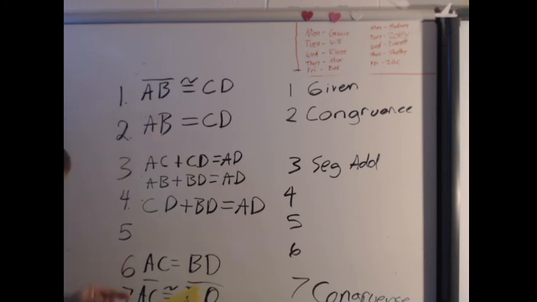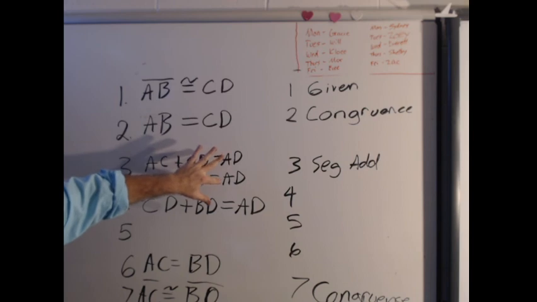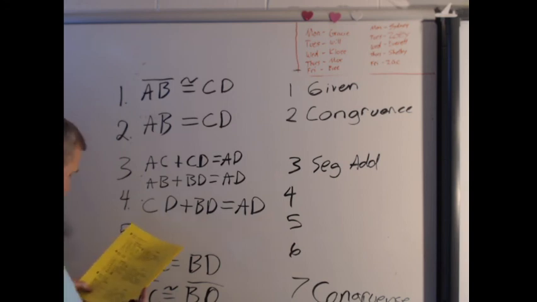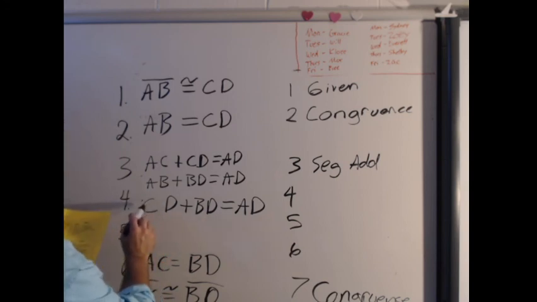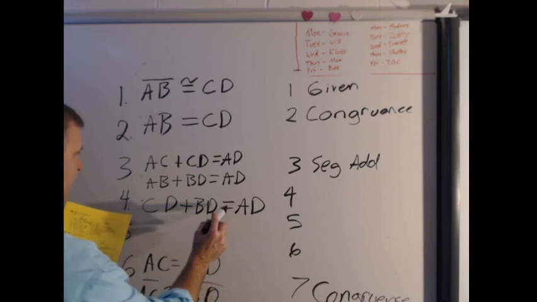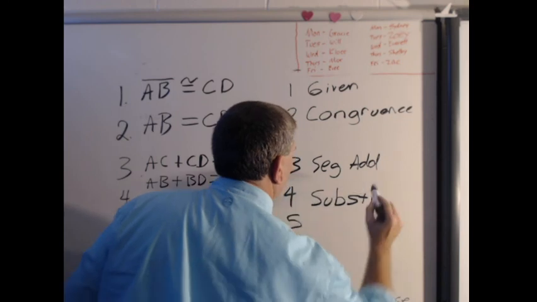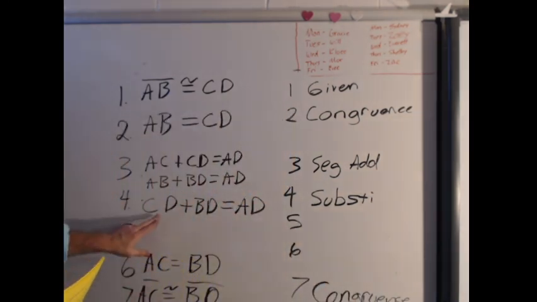So I know that if that is the case, and I come down here and I have these two are the same to equal the same amount, okay, so I know that these two have got to be the same as well. All right, so if I take a look, I can now say in step 4, CD plus BD equals AD. Okay, and that is just substitution. Substitution.